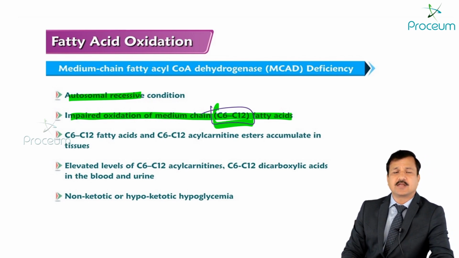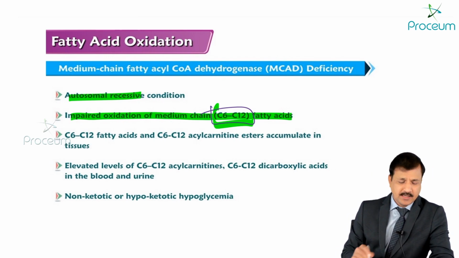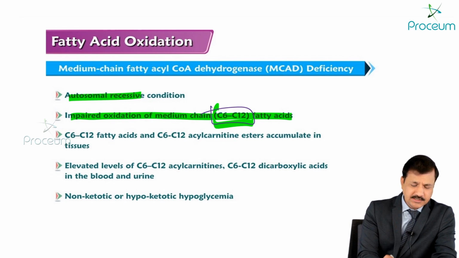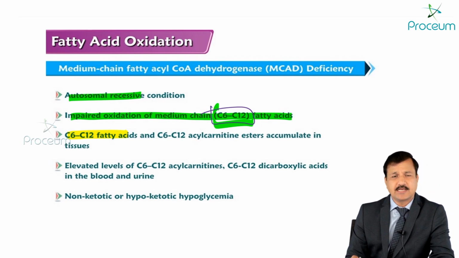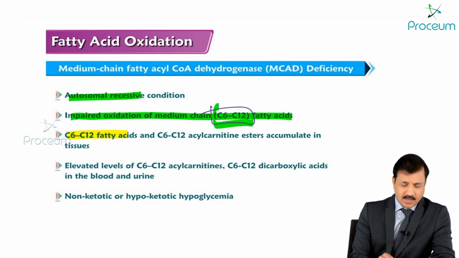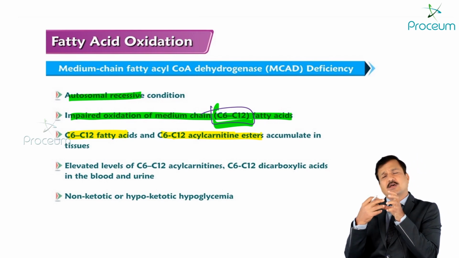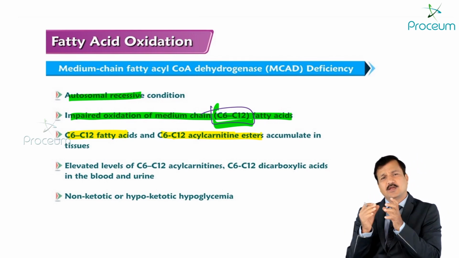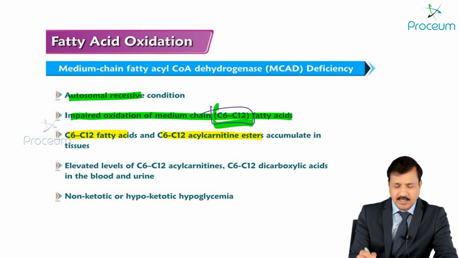Because the medium chain fatty acid oxidation is impaired here, patients will show elevated levels of C6 to C12 fatty acids, that is medium chain length fatty acids, and also C6 to C12 acyl-carnitine levels will be elevated, because these fatty acids are esterified with carnitine in the intermembrane space and become acyl carnitine esters, and they accumulate and their levels in the blood will be elevated.